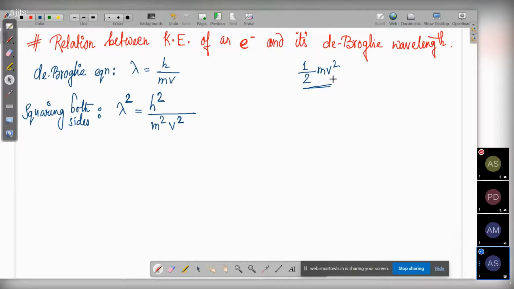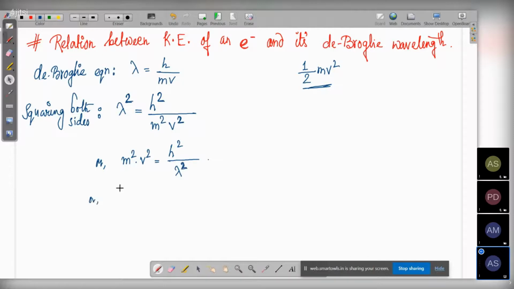We have already achieved our target of v square. So let's bring it to the left hand side. m square v square is equal to h square divided by lambda square.